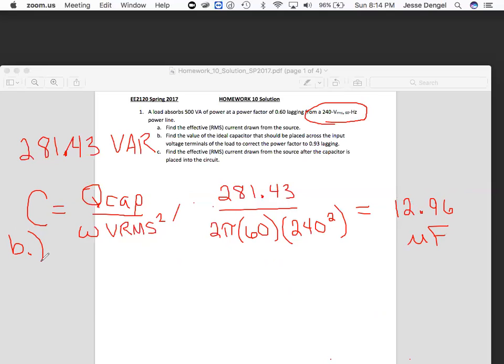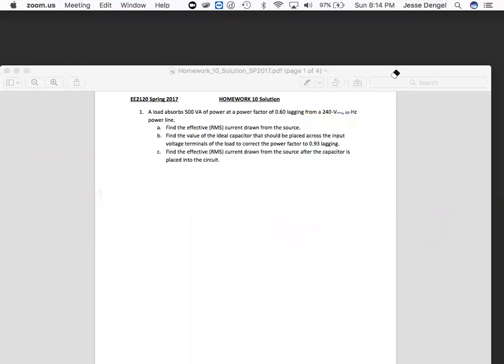So now part C, find the effective current. And this is why you would want to correct your power factor. So clear my drawing.